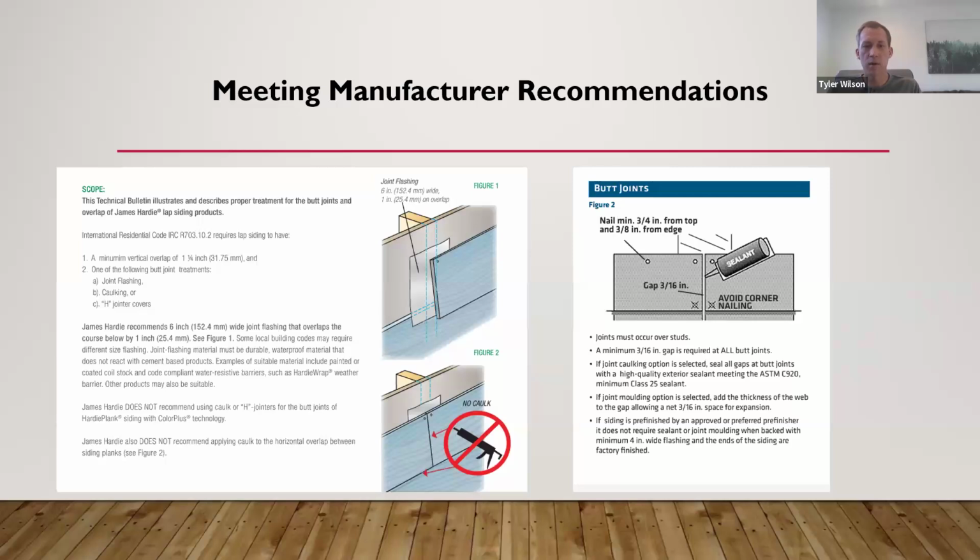They've got a different size spec than Hardy, but it's really the same thing, knowing that the product that's being used is the right size for that manufacturer. So whether it's LP or Allura or Hardy, they may all have slightly different variations. But we've got different products that match the different sizes and recommendations for each siding manufacturer.